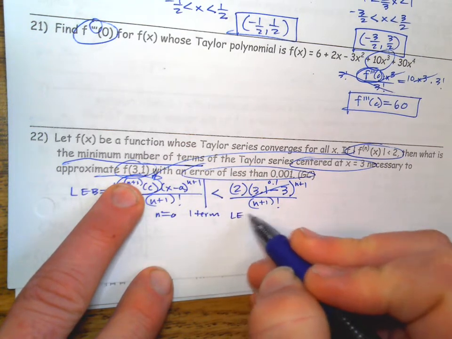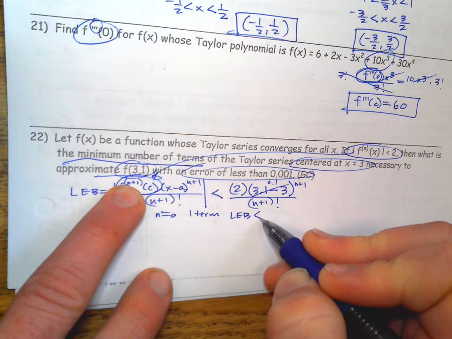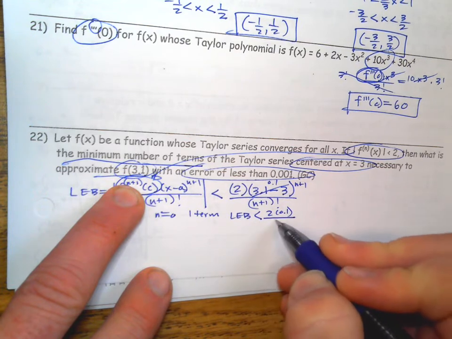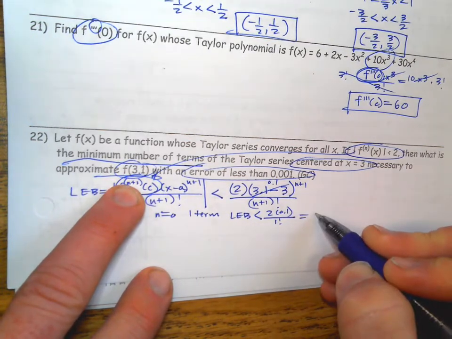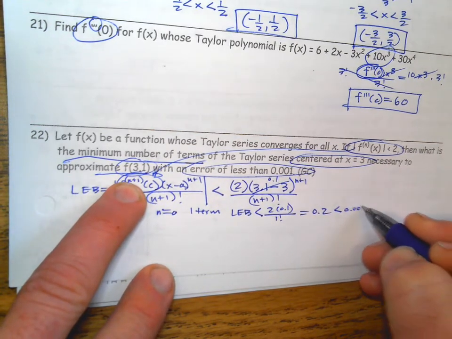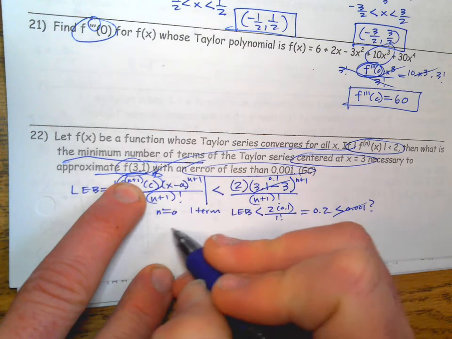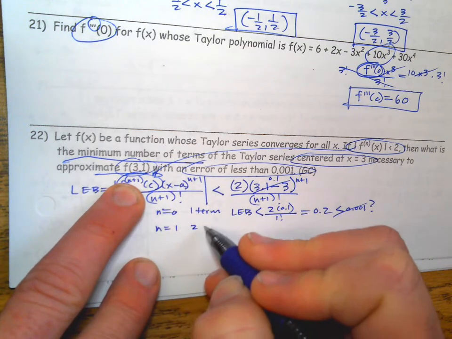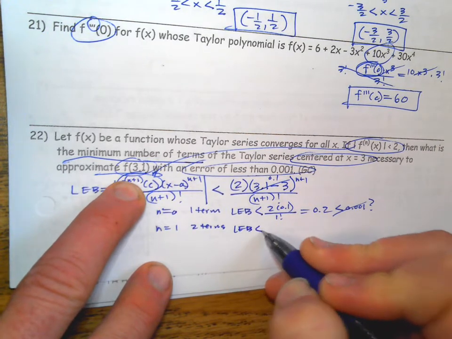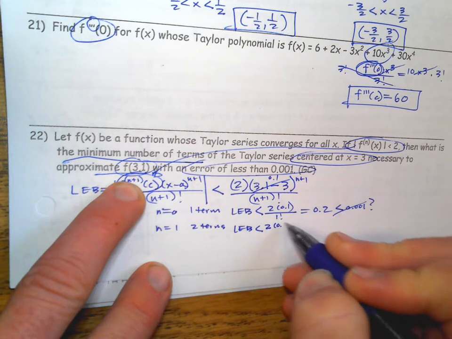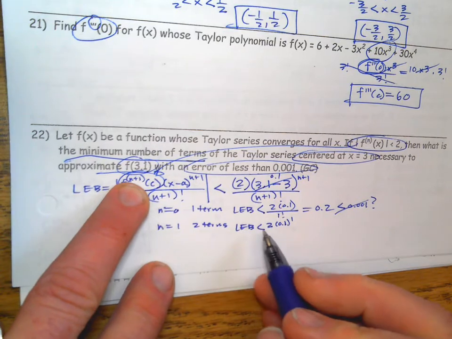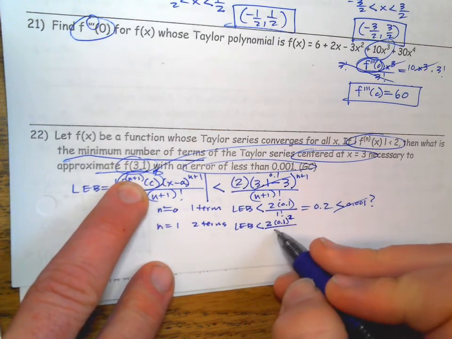And so we can say, well, L.E.B is less than, if we plug 0 in here, 2 times 0.1 over 1 factorial, which is just going to be 0.2. Is that less than 0.001? Nope. So then we'll just keep going. N equals 1, which corresponds to 2 terms. L.E.B is less than 2 times 0.1 to the second power over 2 factorial.